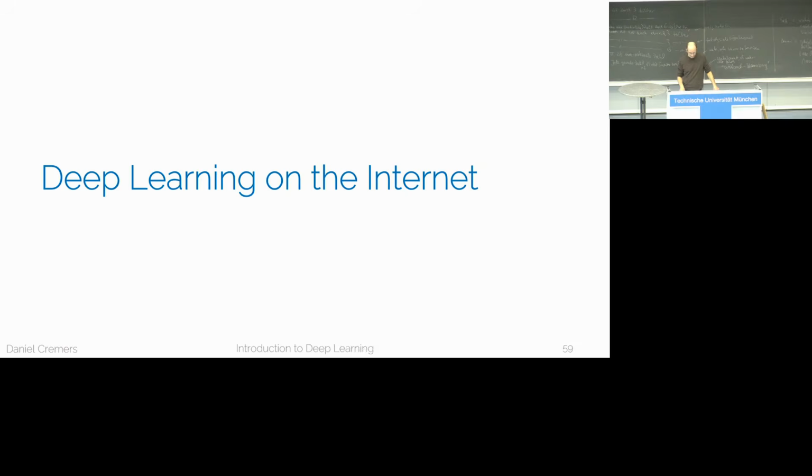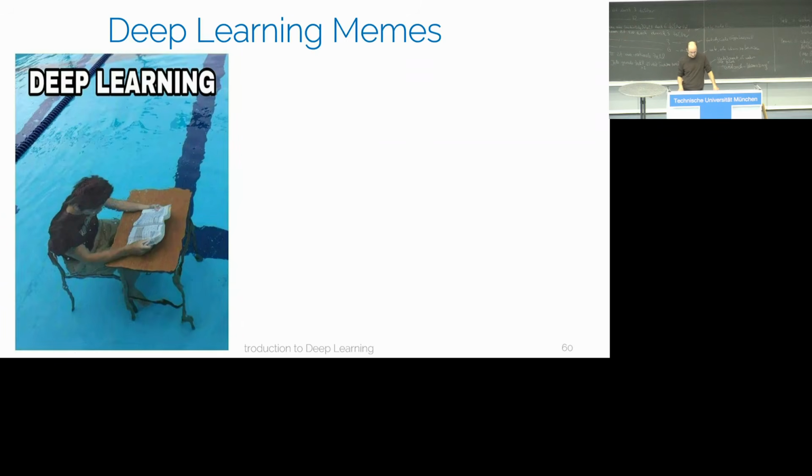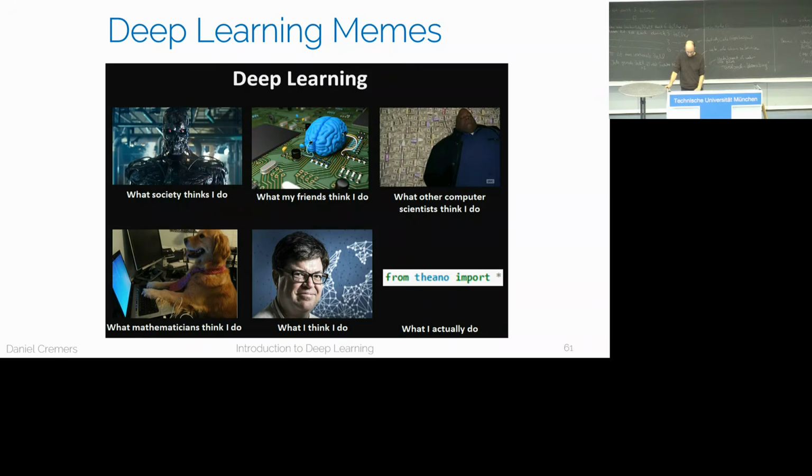A bit more at the end of this class, deep learning in the media, there's a lot of memes on social networks. Here's an example of deep learning. Very literal understanding of deep learning. This one I like in particular. And I know this, Jan told me he really likes it because they put his face in there, obviously. So what society thinks I do, the Terminator.